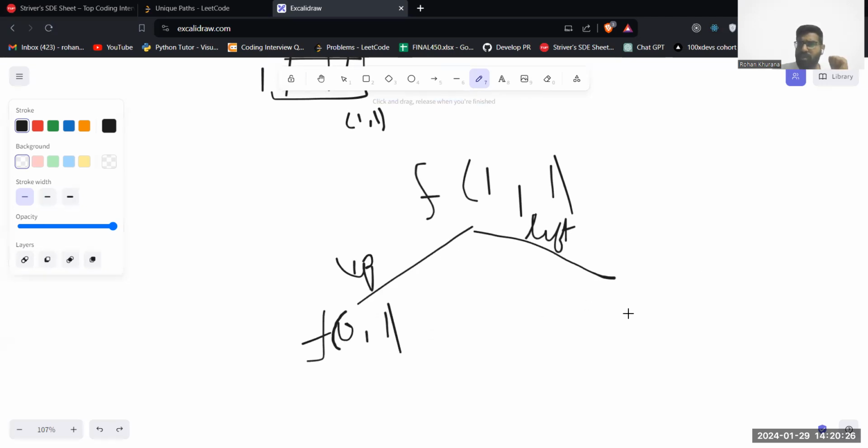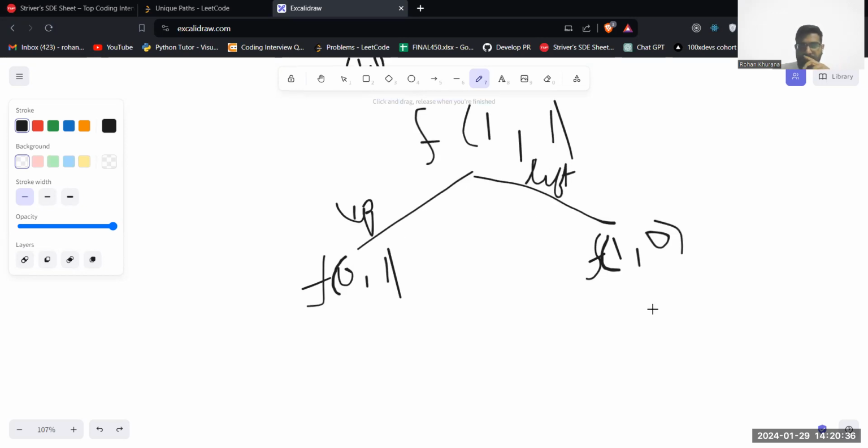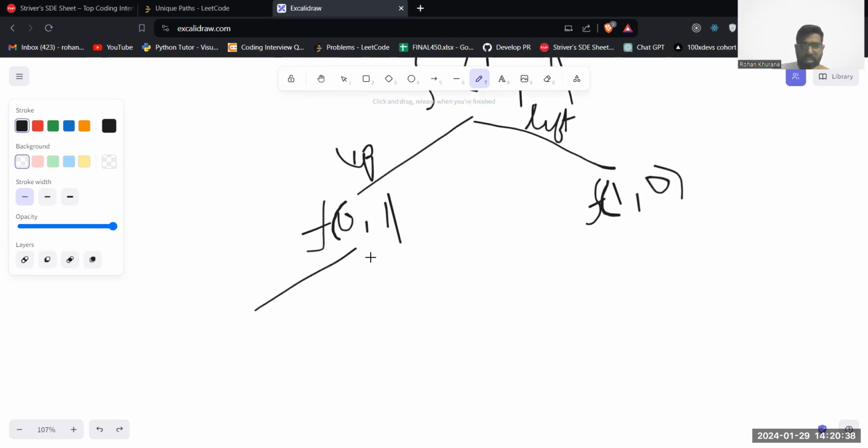The column stays the same, but the row changes. For going left, the row remains the same, but the column changes. The column will become 0. Great. Now this also has a couple of things to understand, right? So it will either go up or left. If going up, it says -1, comma 1, and for going left, it says 0, comma 0.